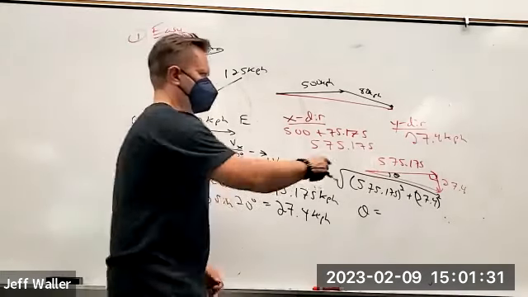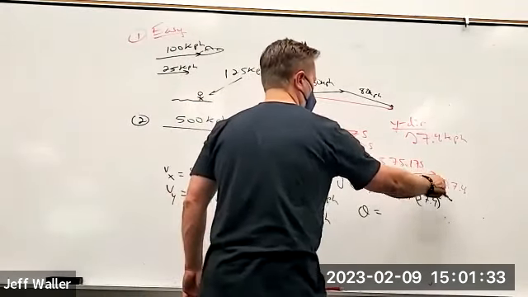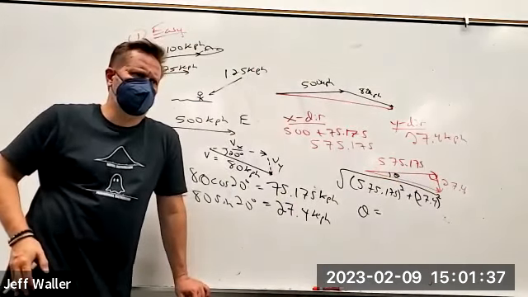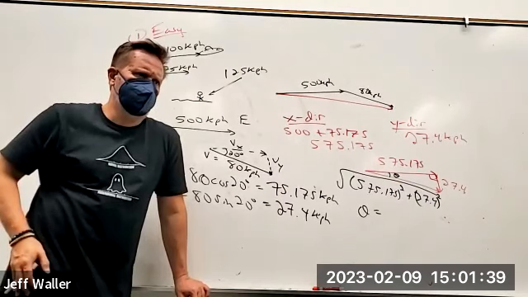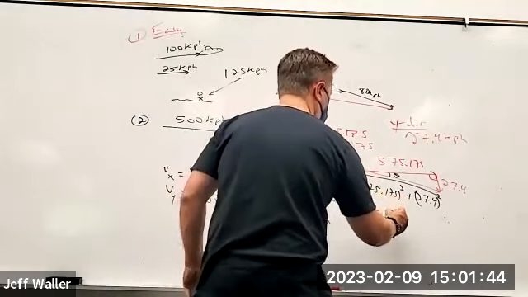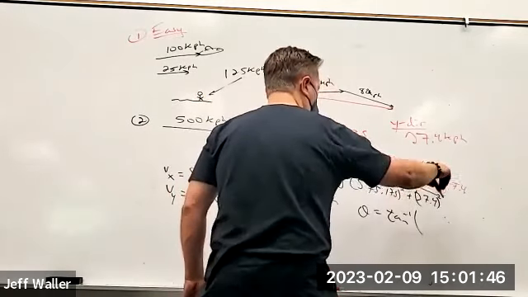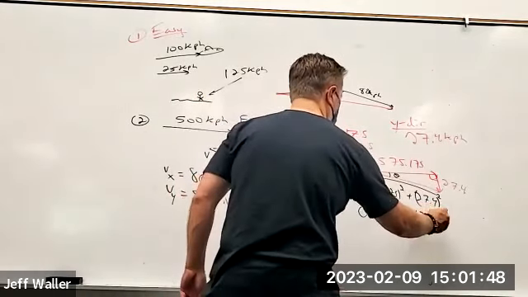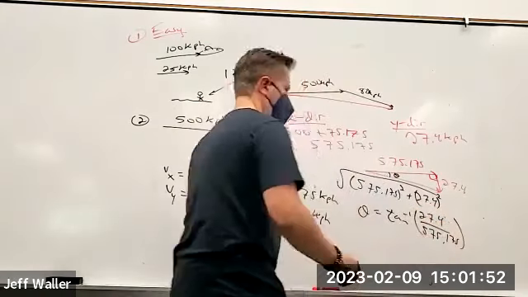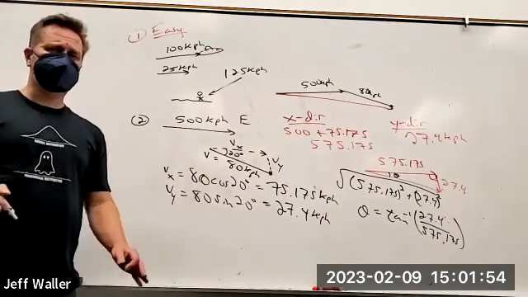What trig function relates these two sides here? Tangent. So I take the arc tangent of y over x, 27.4 over 575.175. So whatever those are.